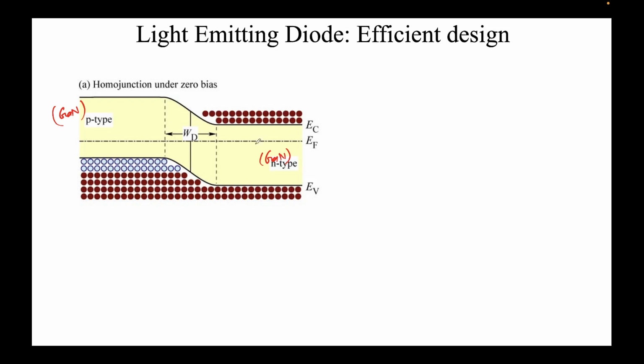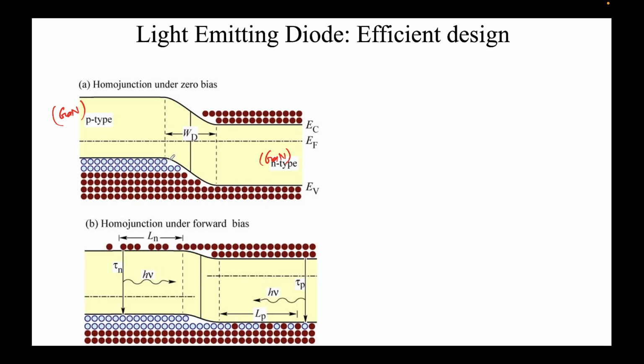This is no bias because EF is constant. Rest of the things you can see: red is your electrons, blue is your holes. Let's put it under forward bias. Again, in the homojunction you can see the band gap is the same on the p side as well as the n side. So how will it look? Electrons will start to flow, and on the other hand the holes will start to flow from left to right.